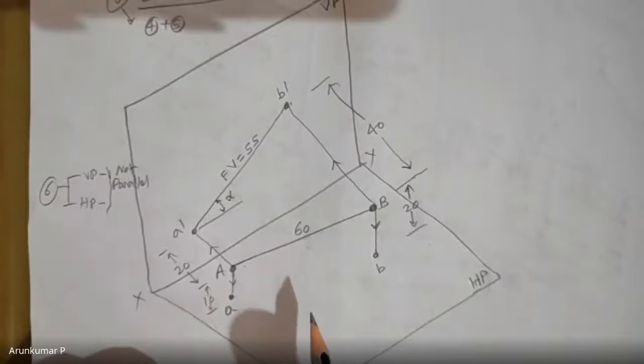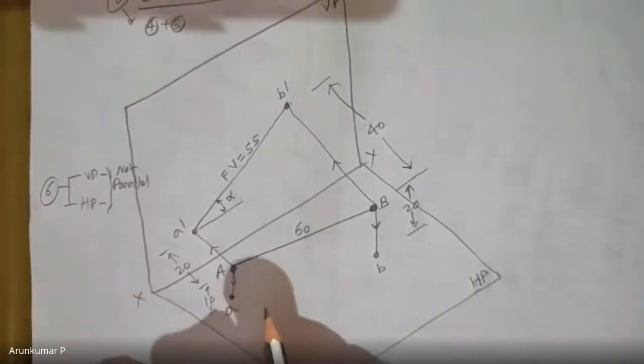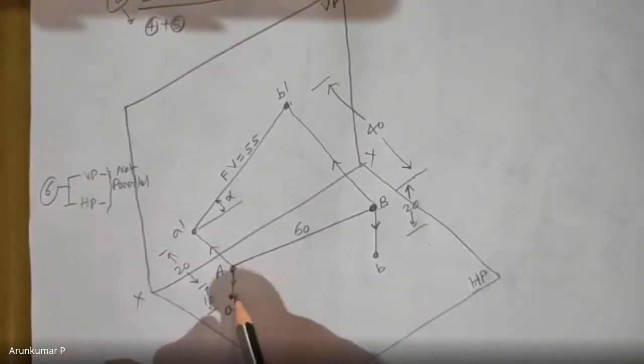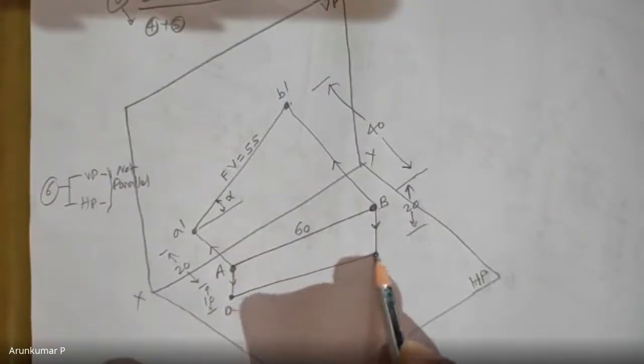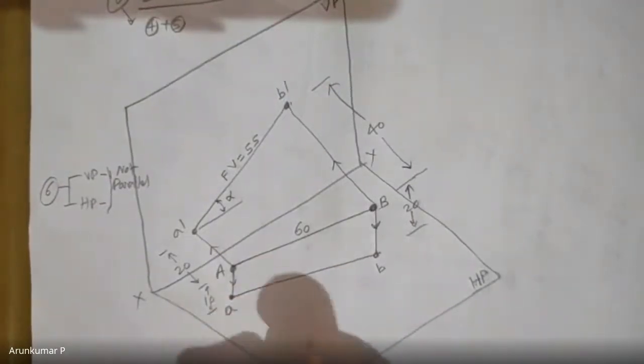So I projected A and B. Now if I join this, this would be the top view.